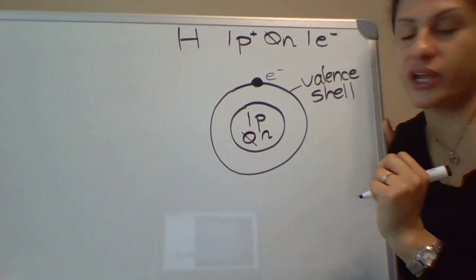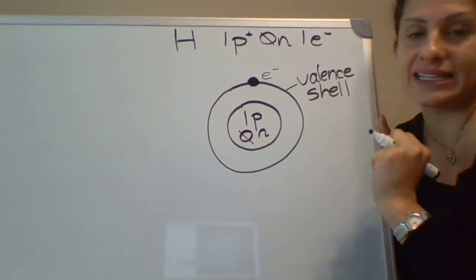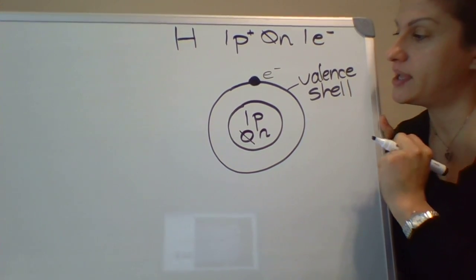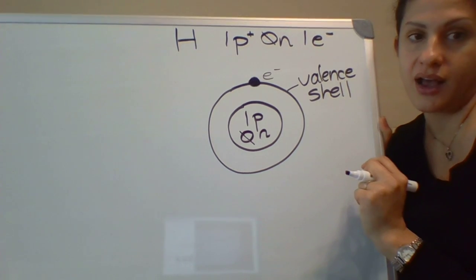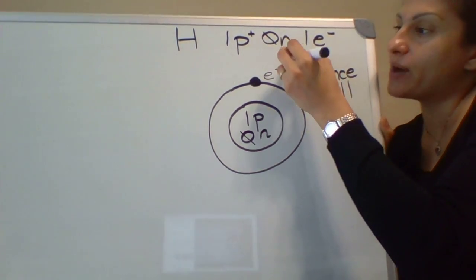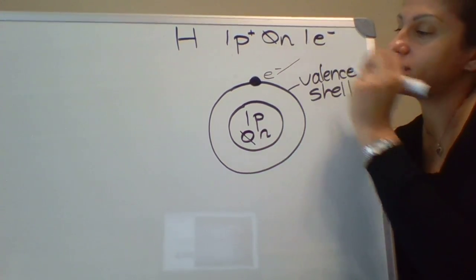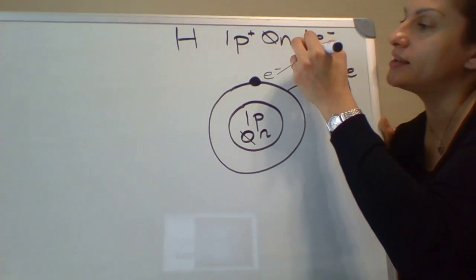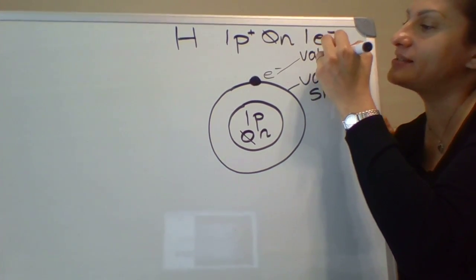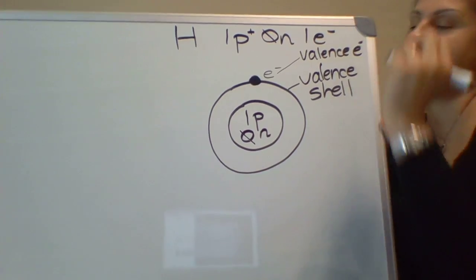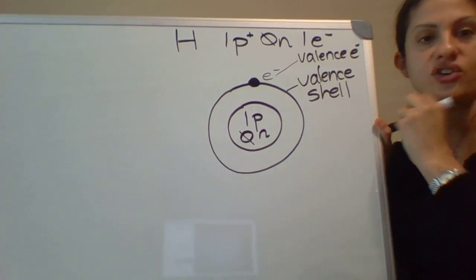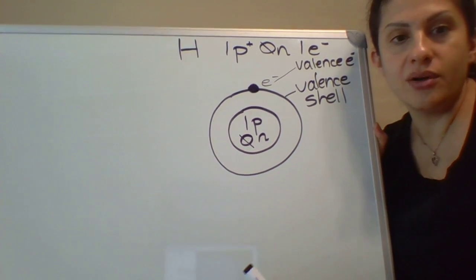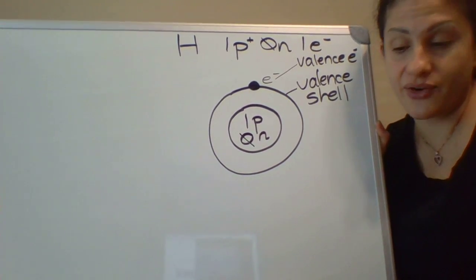This is very important because we're going to talk about valence a lot. The valence shell is the outermost shell of an atom. And we refer to the electrons that are on that shell as the valence electrons. Okay? And I will refer to this over and over again as we do more Bohr-Rutherford diagrams.